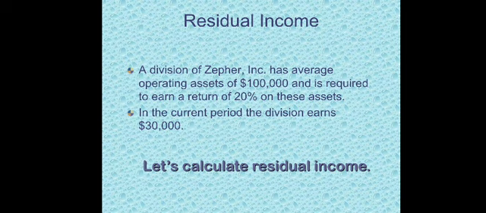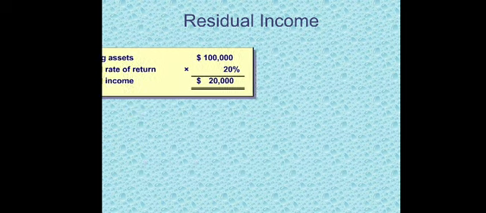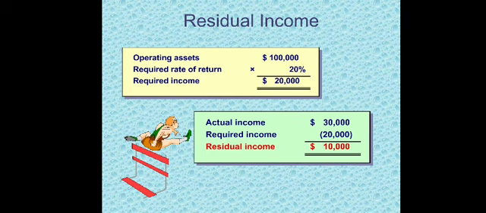So let's see how to calculate the residual income. To calculate the residual income, you have to follow two steps. The first one is to calculate the required income. The calculation is in the yellow box. You take the operating asset, 100,000, and multiply it by the required rate of return, 20%.